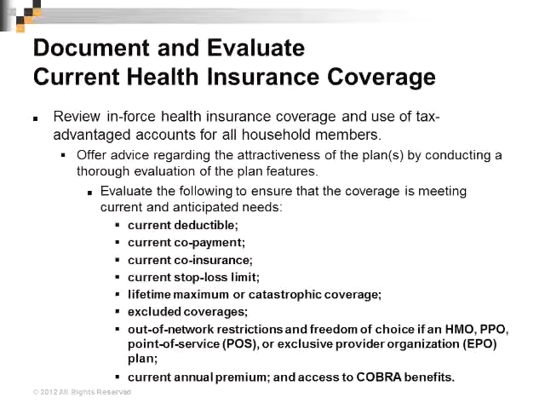These are all terms that you need to be aware of. Some of the terms here are on slide 23: current deductible, co-payment, co-insurance, stop-loss limit. And again, you can refer to all of this in the textbook.